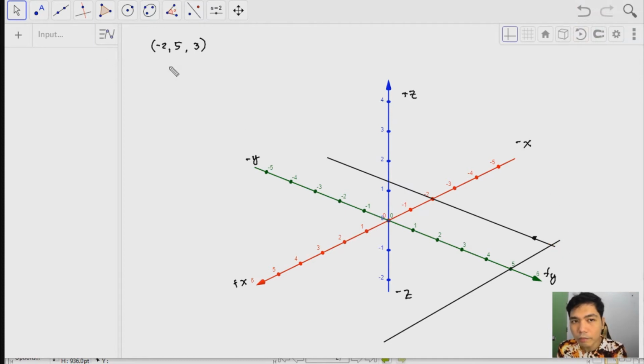But we have to remember that we go up by 3, because that's positive 3 units on the z-axis. So basically, we can plot it somewhere here, because this is 1 unit. So you just go up from there. So it's here. We have 1 unit here, 2 units, and so I'll be assuming this is the correct point, since this is around 3 units.